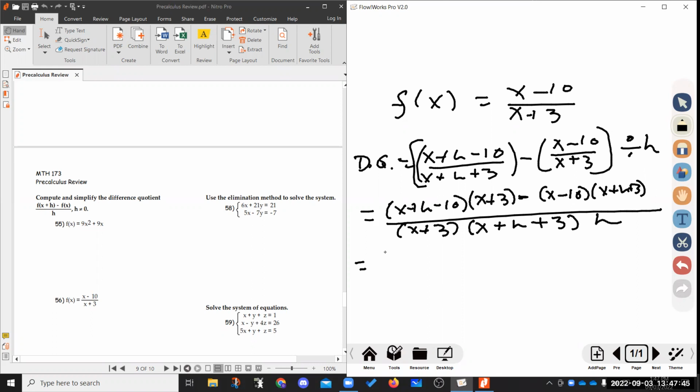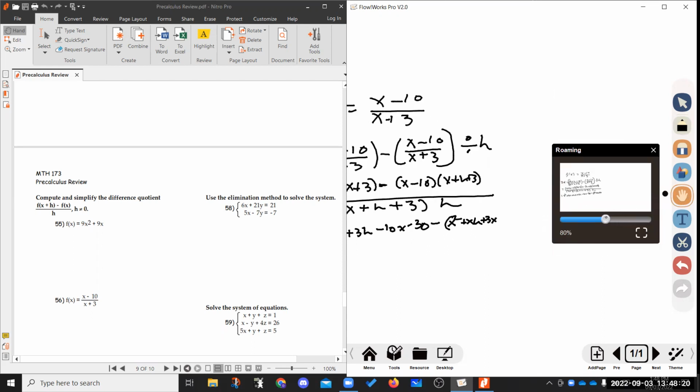So now we're going to need to do a lot of distribution here. X times x is x squared. X times 3 is 3x. H times x is hx. H times 3 is 3h. Negative 10 times x is negative 10x. Negative 10 times 3 is negative 30. Minus x times x is x squared plus xh plus 3x.